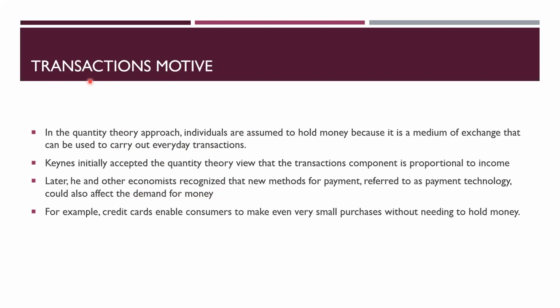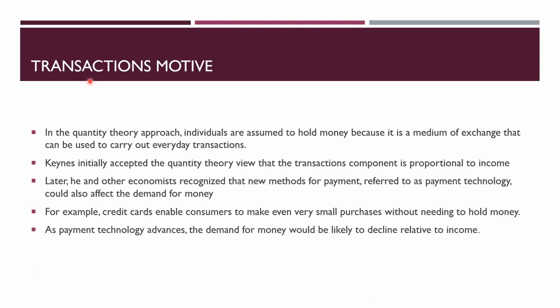Here we are just looking at how payment technology can have an impact on the demand for money. For example, credit cards enable consumers to make even very small purchases without needing to hold money. So, as payment technology advances, the demand for money would be likely to decline relative to income.